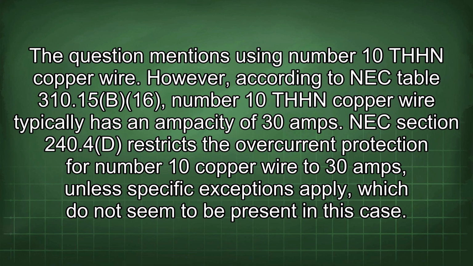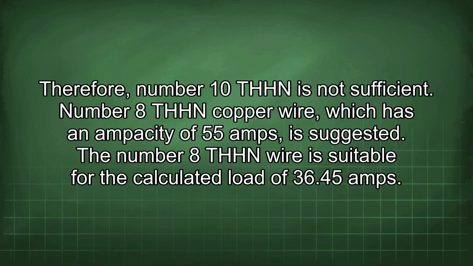NEC Section 240.4(D) restricts the overcurrent protection for number 10 copper wire to 30 amps, unless specific exceptions apply, which do not seem to be present in this case. Therefore, number 10 THHN is not sufficient. Number 8 THHN copper wire, which has an ampacity of 55 amps, is suggested. The number 8 THHN wire is suitable for the calculated load of 36.45 amps.